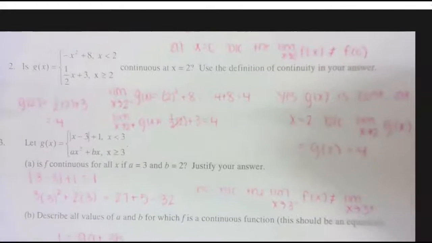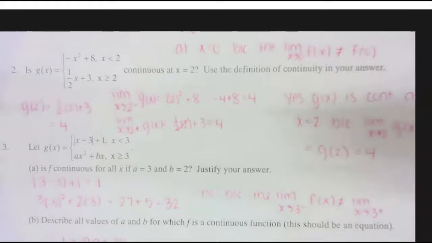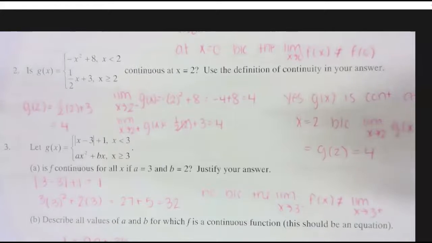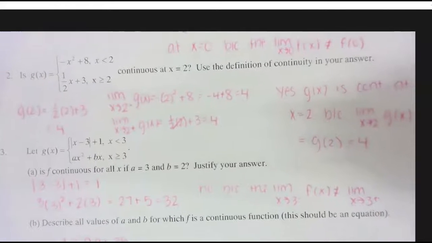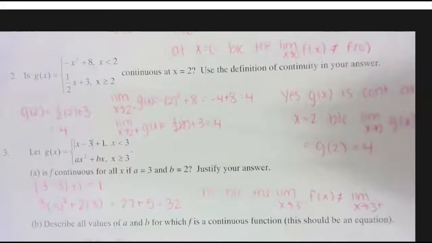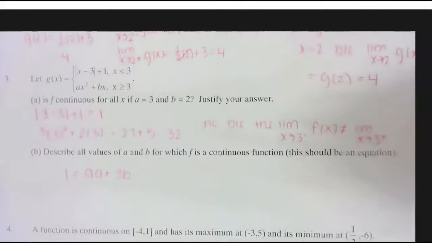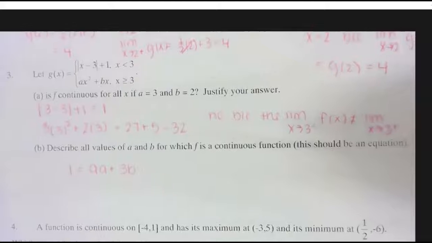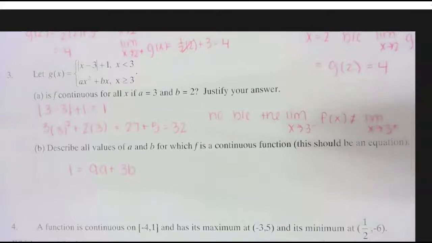Number 2 is yes. Number 3 was no for part A. And then part B, 1 needed to equal 9A plus 3B.